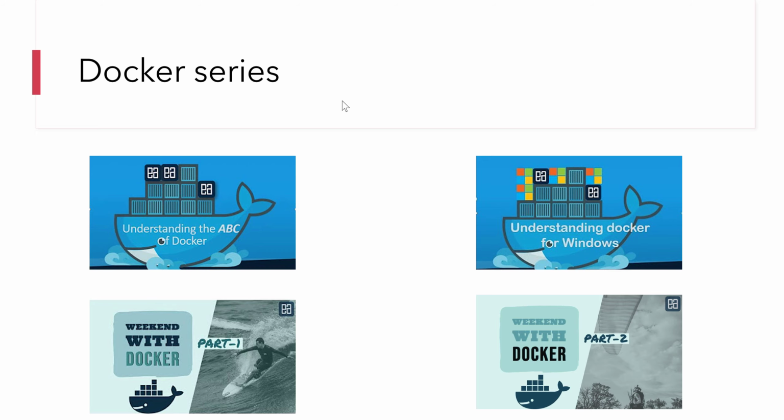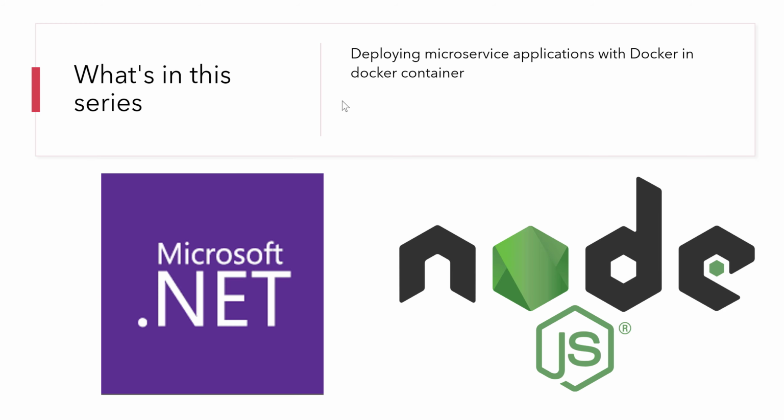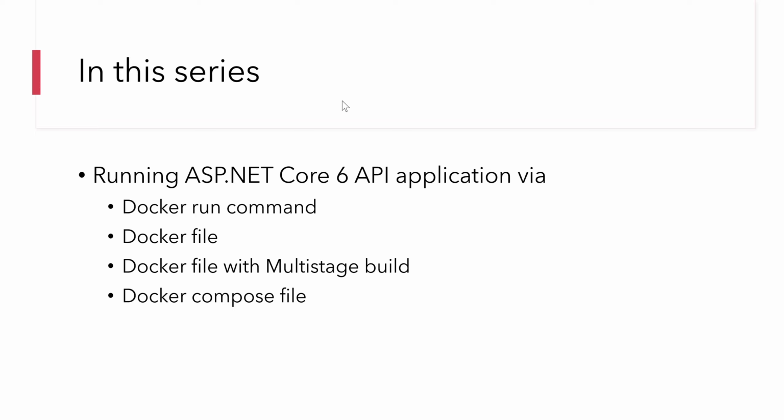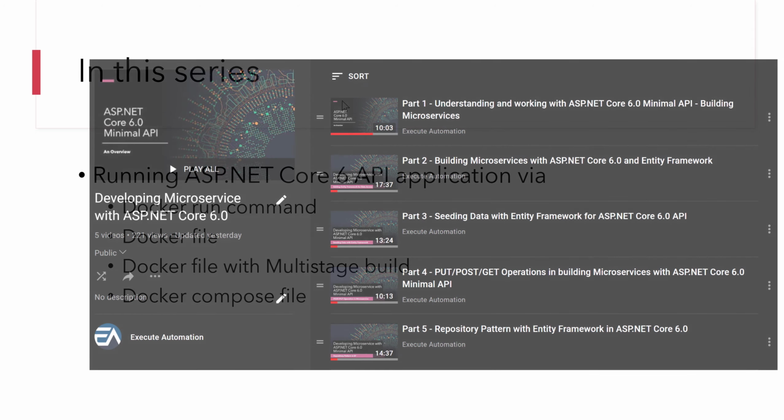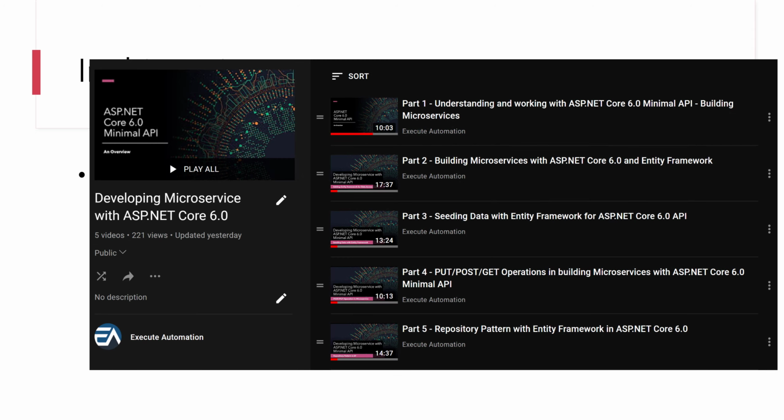So in this series, we are going to be talking about how we can deploy a microservice based application in our Docker containers. It can be a Node.js application or a Microsoft .NET based application. And mostly we are going to be covering the Microsoft .NET Core 6 API based application, because if you have seen my other video series, which I'm doing parallelly, I'm developing an ASP.NET Core 6.0 preview application, which is the minimal API feature, which is yet to be released to the market.